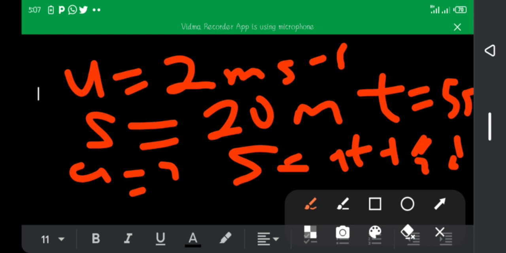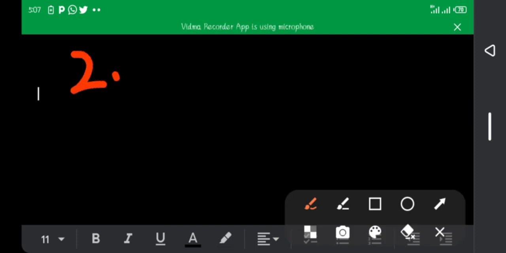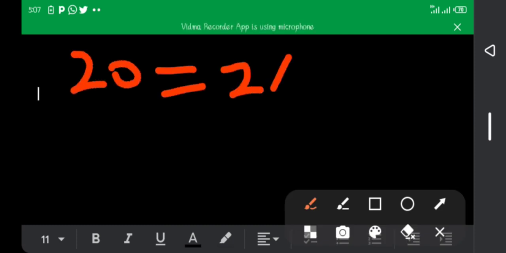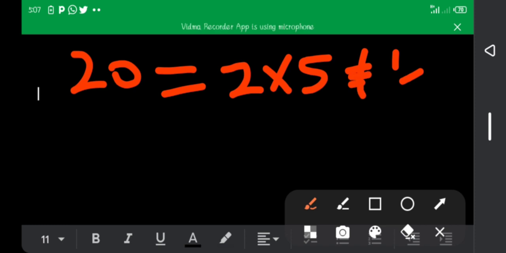Now you put in the parameters: S is 20, U is 2, the time is 5, plus half A, which is what you're looking for, times 5 squared.